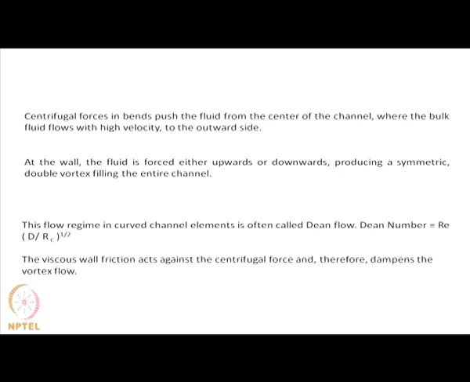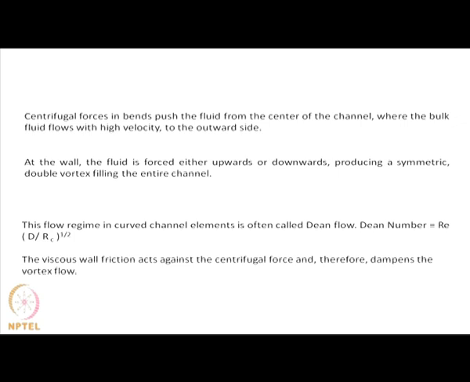So, in order to quantify the flow regime in curved channel elements, we often bring in a number known as the Dean number, and the Dean number is the Reynolds number multiplied by (D/Rc) to the power half. So, D is the diameter of the channel, and Rc is the radius of curvature for the bend.